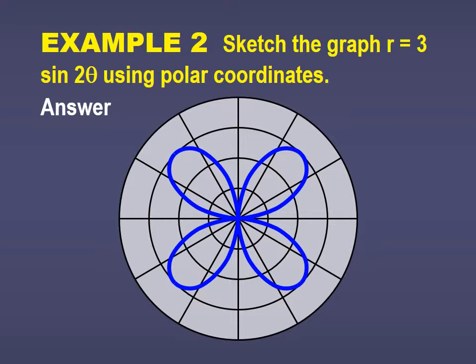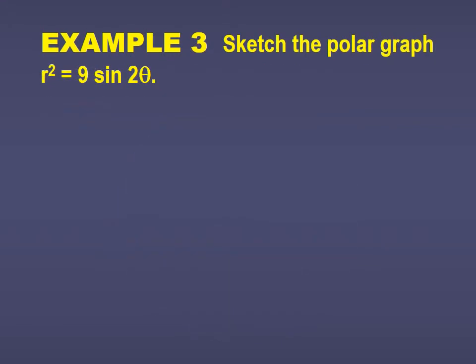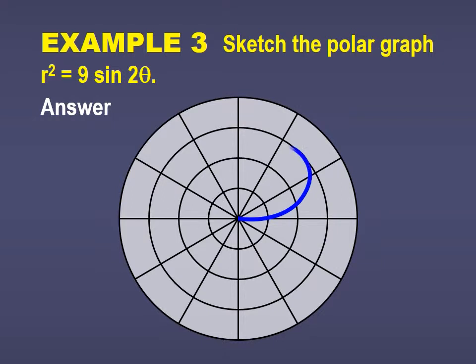It was 2, which is even, which gives us 4, and the a value was 3, which means it's 3 away from the origin. r squared equals 9 sine 2 theta. So r squared means it's a lemniscate, which means that it's a figure 8. It's sine, which means that it's going to be tilted, right? And your a value is 3, which means it's going to be 3 out.